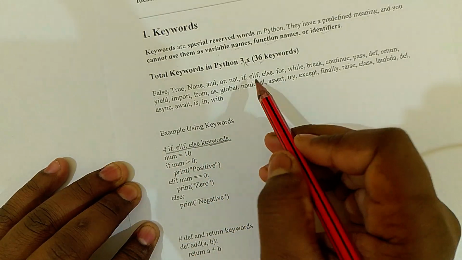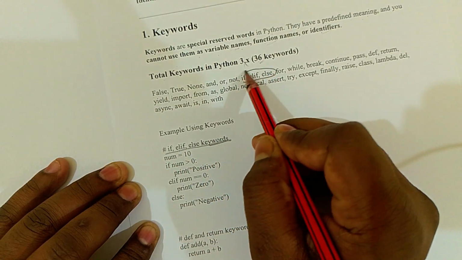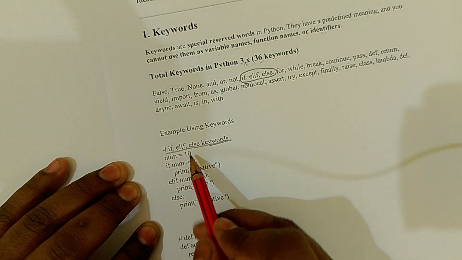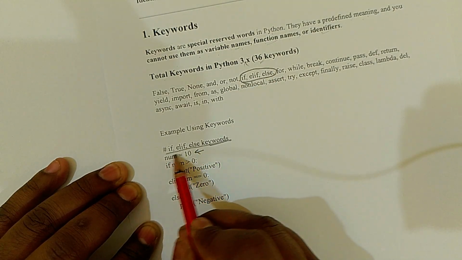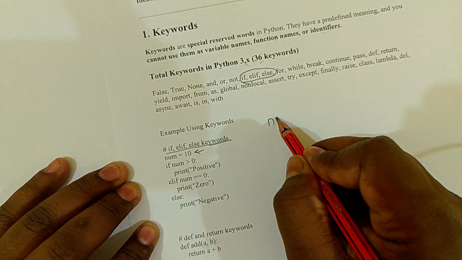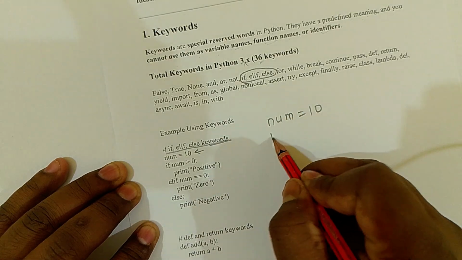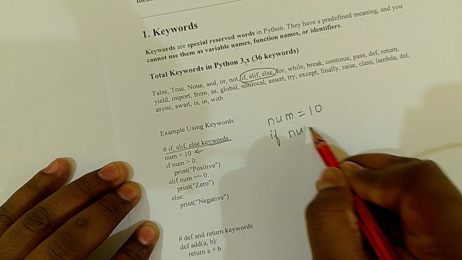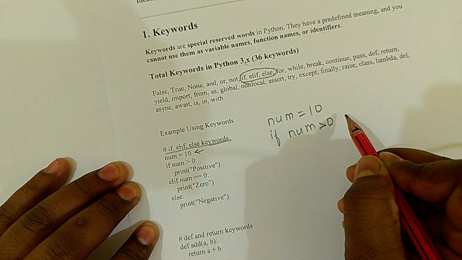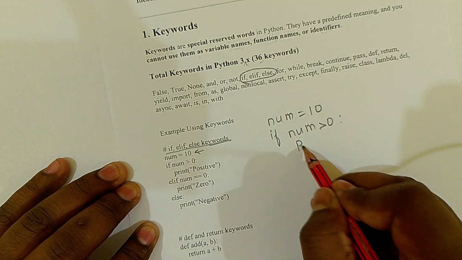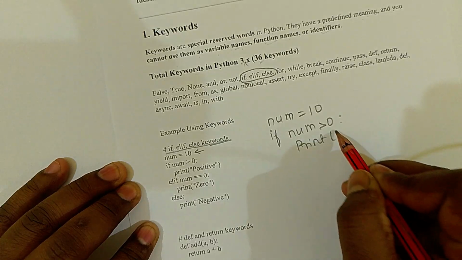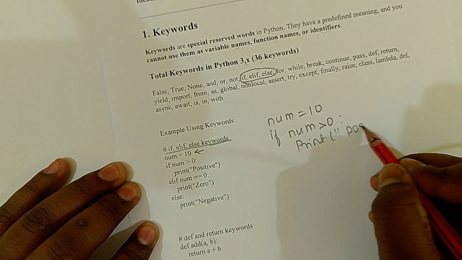I have declared a variable num equal to 10, and if num is greater than 0 then print positive.